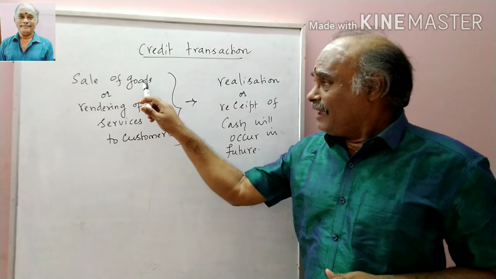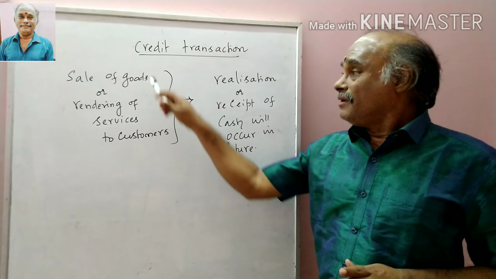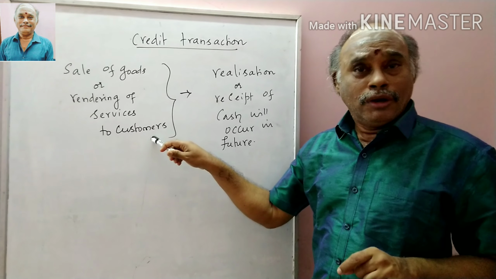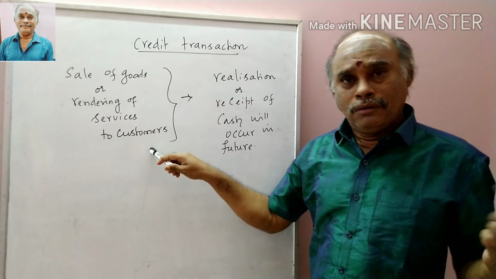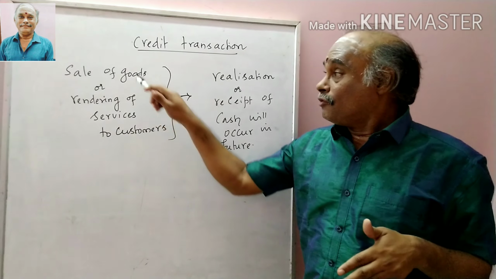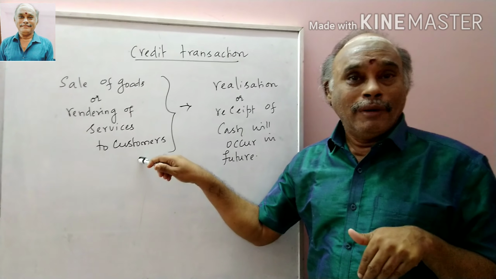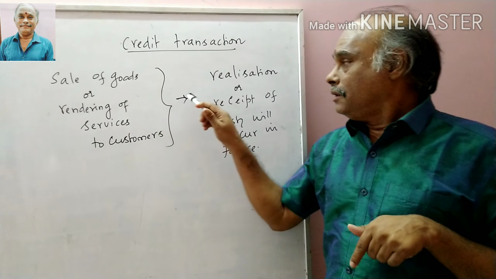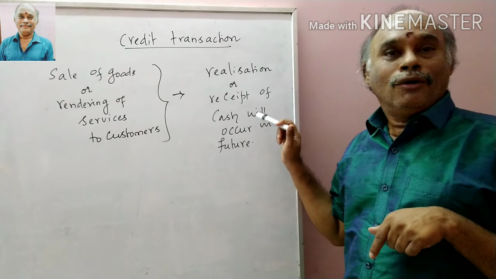So here, sale of goods or rendering of services to our customers, when it comes into accounting, it is nothing but the past event. Might have occurred yesterday or 2 days earlier. But the realization or receipt of cash will occur only on a future date.